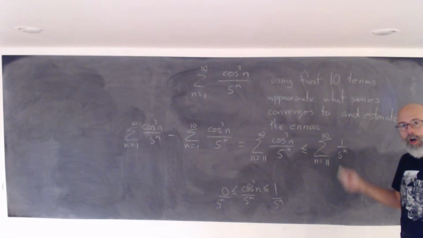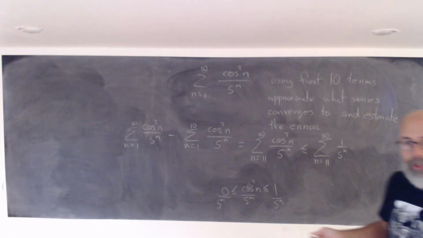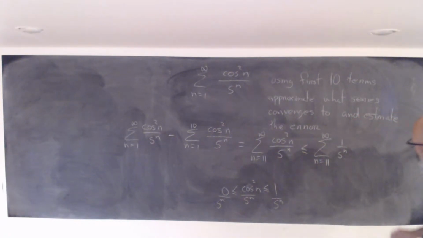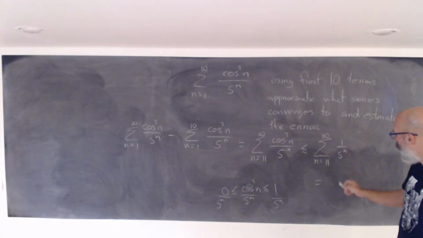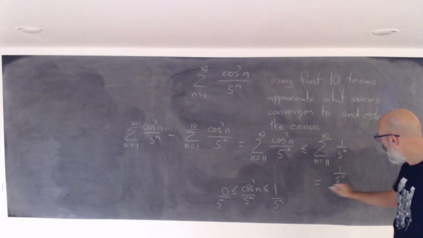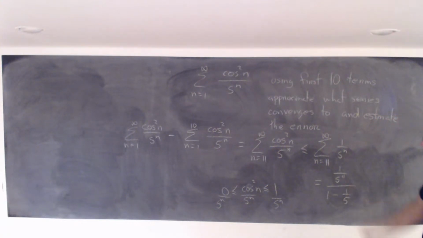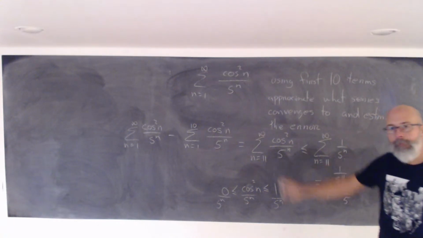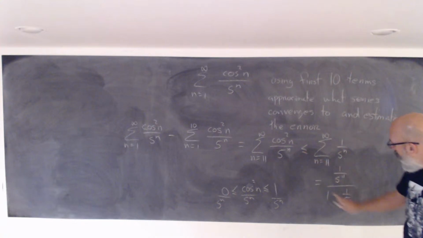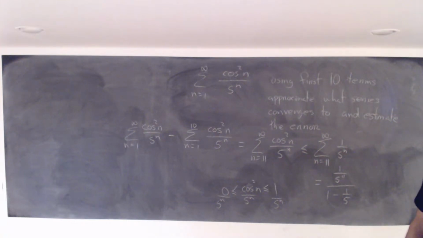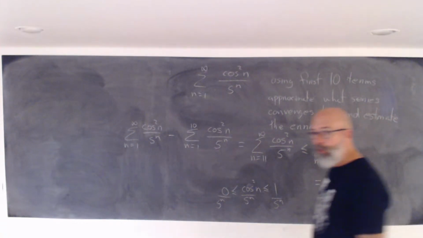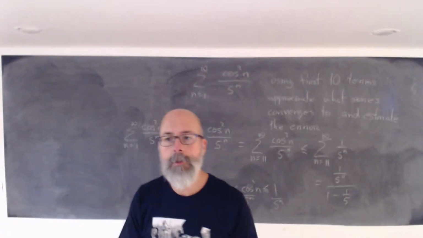And now you've got a nice geometric series that converges. So this is the first term over 1 minus 1 over 5. And there's a nice upper bound on your error. The error is less than that, which is a very small number. Very nice.